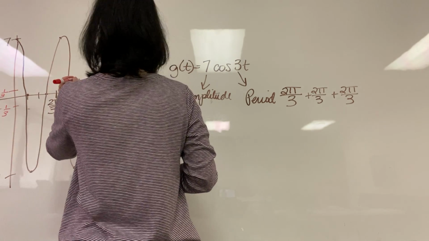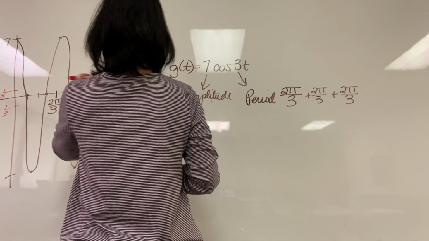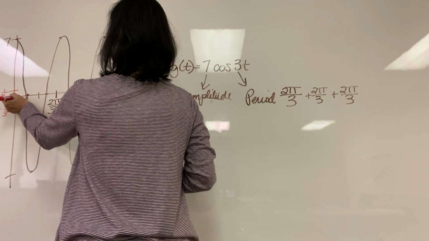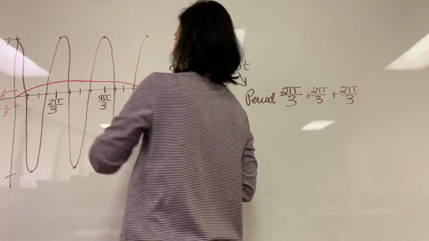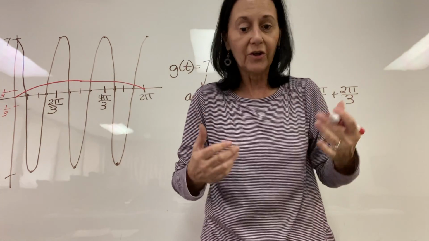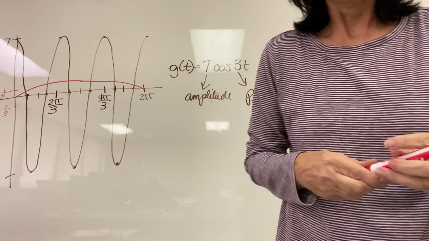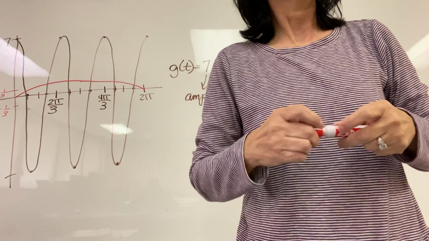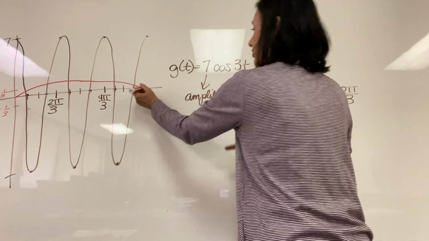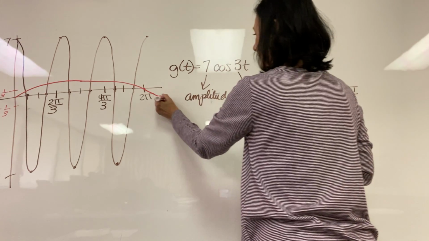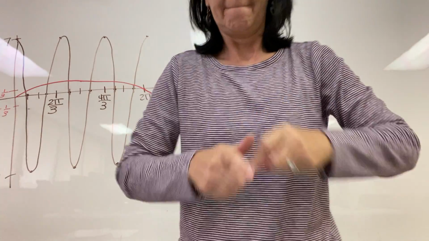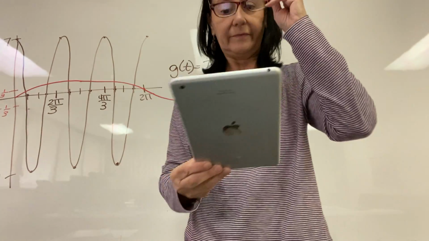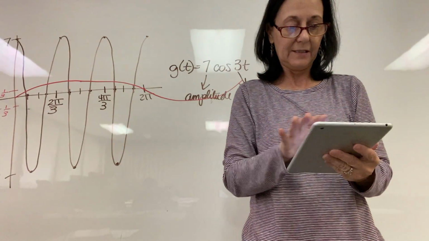So actually we're going to go maybe about here to here. That's all you're going to see between 0 and 2 pi, because it would take 2 more pi to complete the other half. Making sense so far?